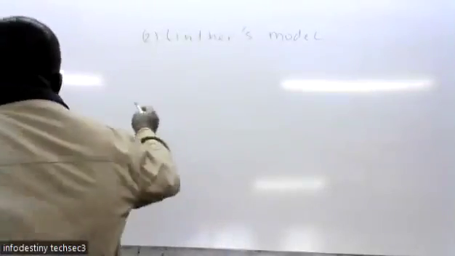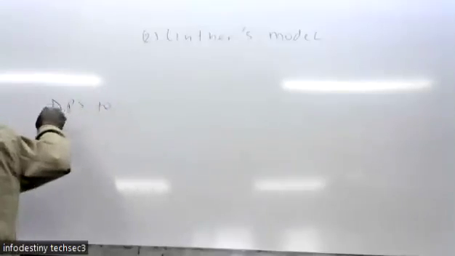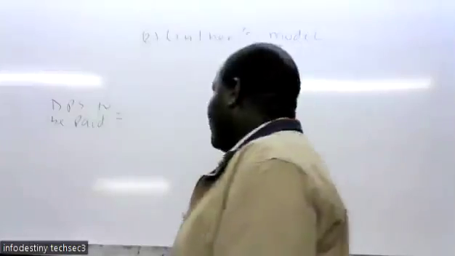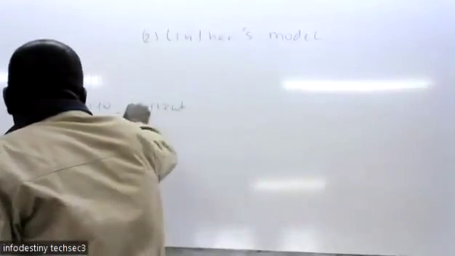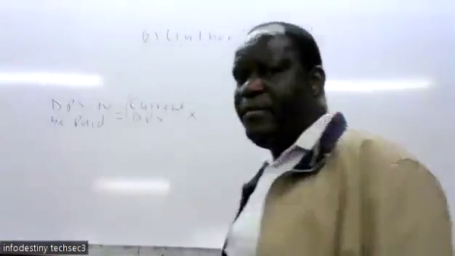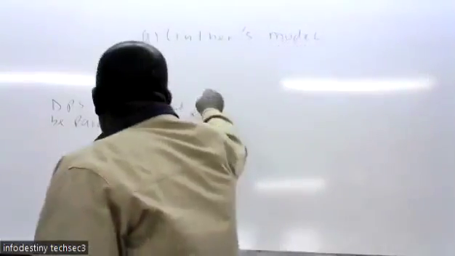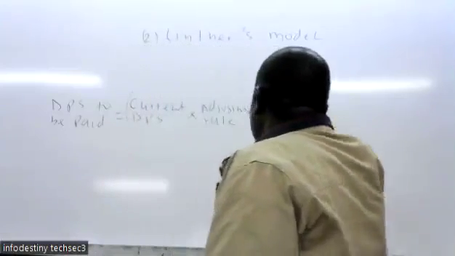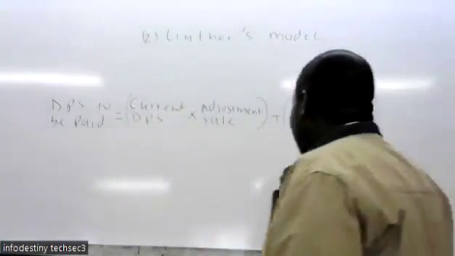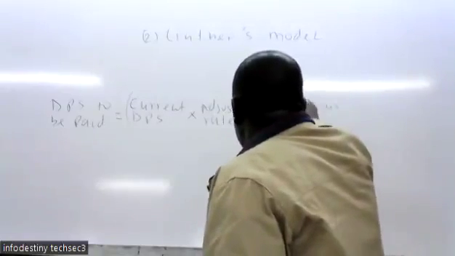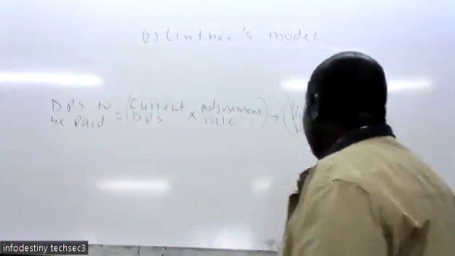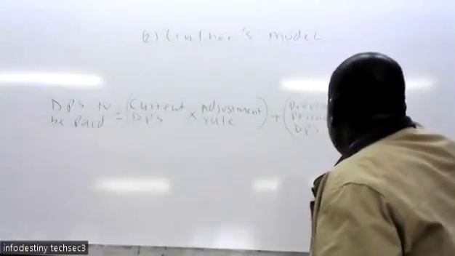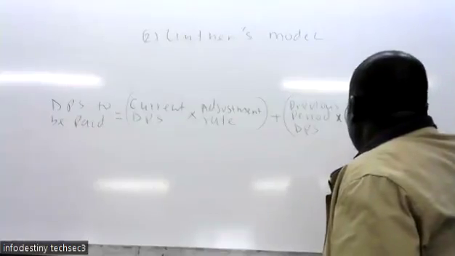So when you are using Lintner's model, dividend per share to be paid will be equal to current dividend per share multiplied by adjustment rate, then we open brackets, then we add in brackets the previous period dividend per share, then we multiply that figure by 1 minus the adjustment rate, like that.